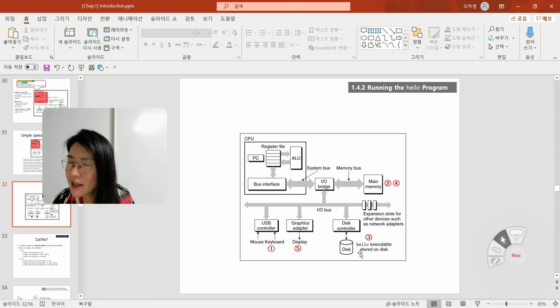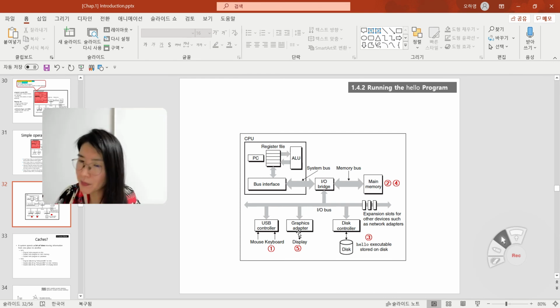And then main memory can finally provide the proper instruction to the CPU. After that, the monitor can display the proper result for the user or programmer, all right?